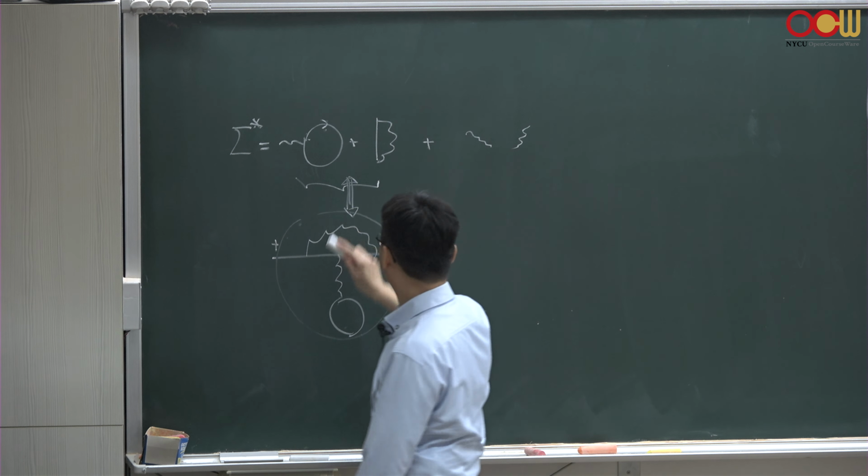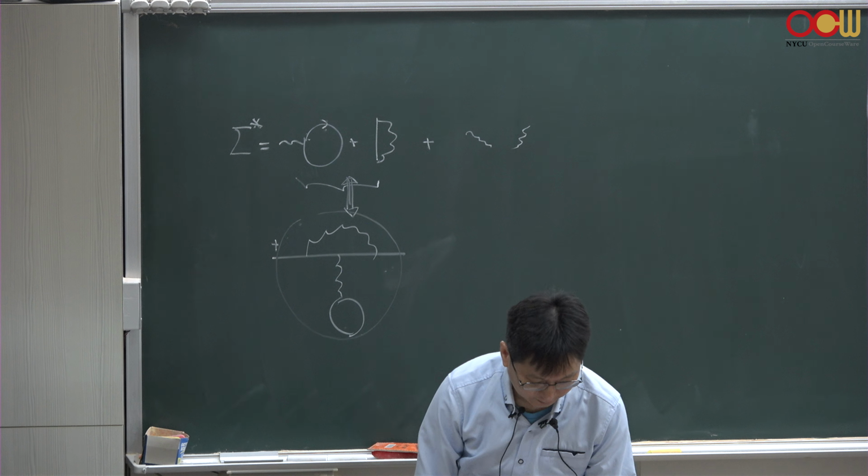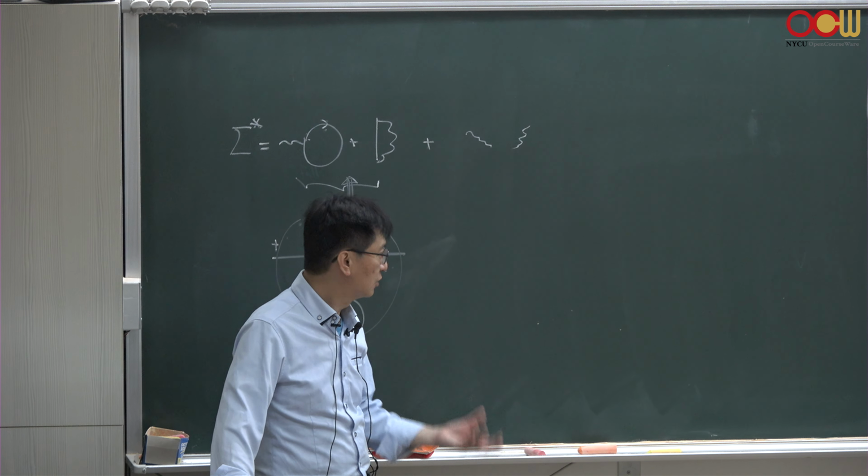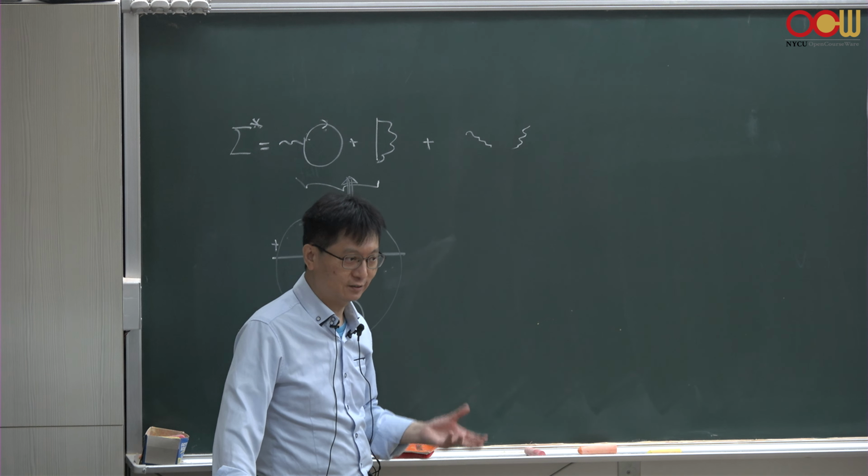If you find the second order dominates over the first one, then you are in trouble, because this kind of perturbative expansion is not justified. We have to make sure that the high order terms are much smaller than the lower order terms. Otherwise, this cannot be justified as a perturbative expansion.